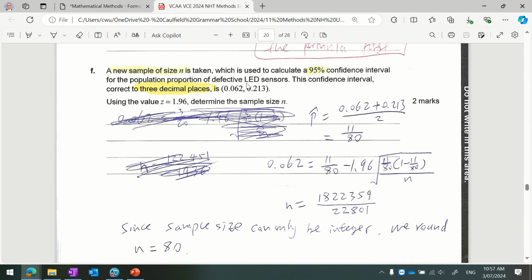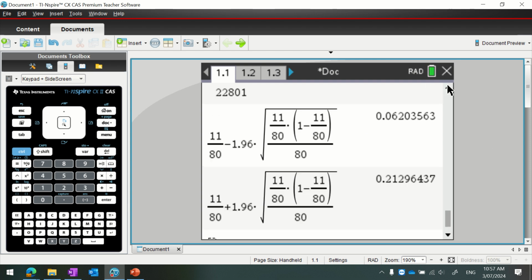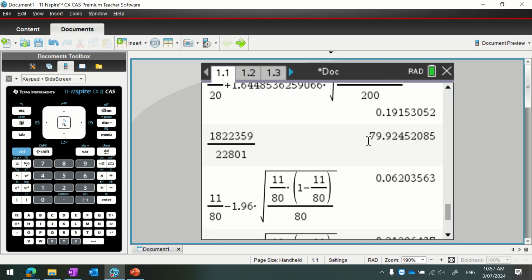So that's good. At least if you round to 3 decimal places, n equals 80 agrees with the question. But like I said before, you kind of have a choice. If all you care is that n is an integer, you could say n is 80, but you can also say n is 79.